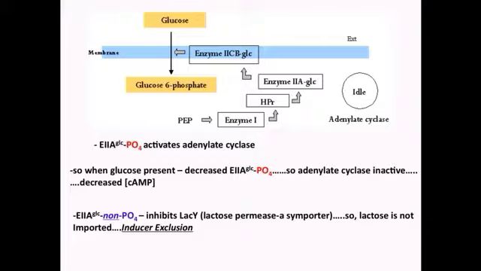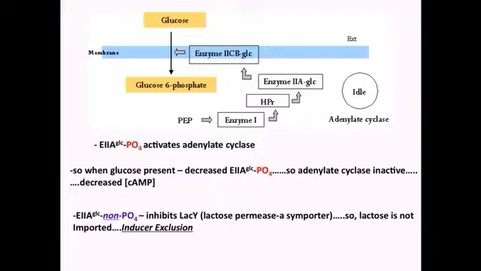Now that phosphate group, if glucose is present, gets transferred to the first of these glucose-specific enzymes, 2A glucose. That phosphate group doesn't stay there very long. If glucose is out here and being transported, glucose is actually acting as a phosphorus siphon. It's sucking up the phosphate groups as fast as it can. So as fast as these phosphates are coming in from phosphoenol pyruvate through enzyme 1, HPr, 2A glucose, it's not staying on 2A glucose for very long because it's being fed onto 2CB glucose, and then that phosphate is going on to glucose.